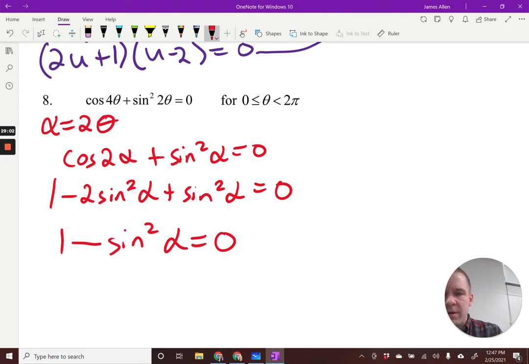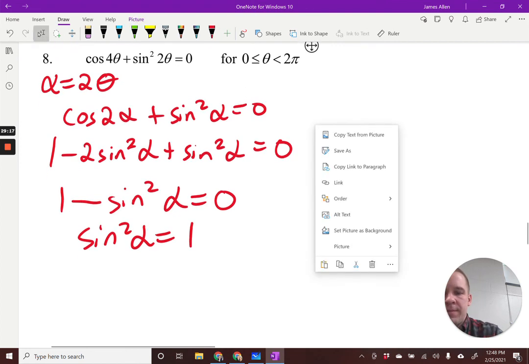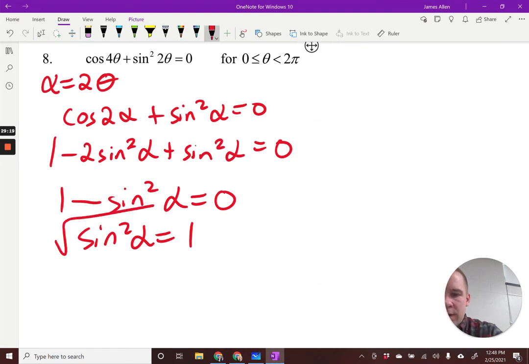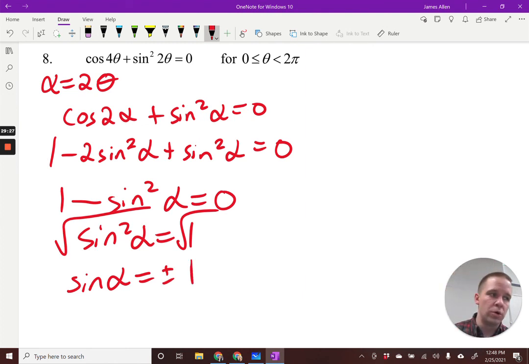Now, I got a couple options here. I could either change that into, I believe, cosine squared theta, or I'll deal with it right now because it's not a big deal. I would, let's see here, subtract 1, divide by a negative, and get sine squared alpha is equal to positive 1. All right. Now I'm going to square root on both sides, and I get sine of alpha is equal to plus or minus 1.